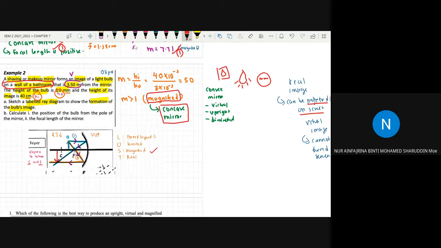Miss, I can't imagine the image form on the wall. Okay, actually it's quite hard to imagine. Because this question pun macam menipu juga, tapi dia kata dia form on the wall, so we understand it, dia form on the wall lah.